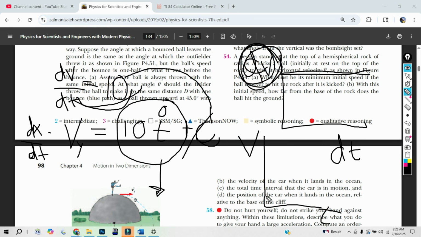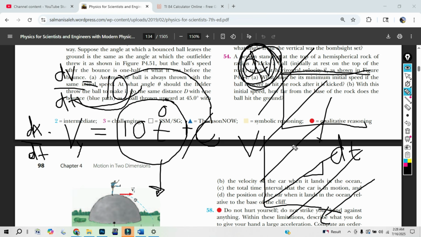And that is going to be like that, and it's going to have a slope of 10 because this is the slope of this thing. And this equation can be anywhere. Depending if we drop it off a cliff, it has 0 velocity and then picks up some velocity. Maybe we threw it off the cliff that way and then it picked up some velocity.